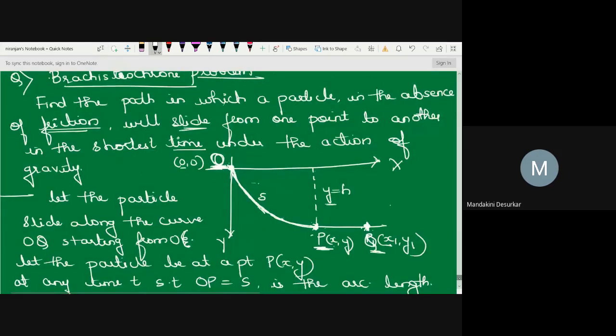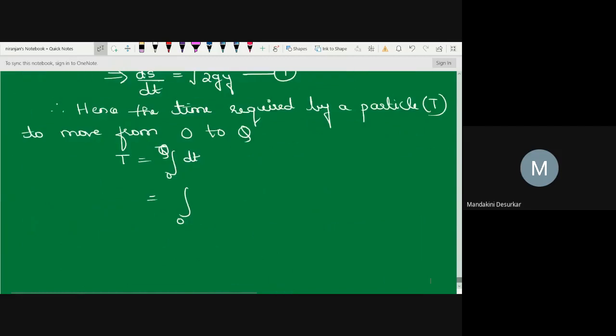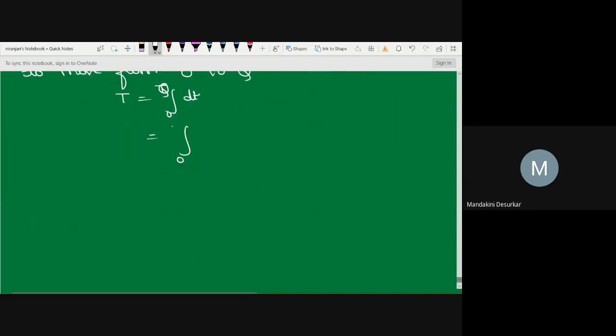So we are taking the integration from O to Q, which is from 0 to x1, right? So can I write this dt as dt by dx into dx? Does it make any difference?